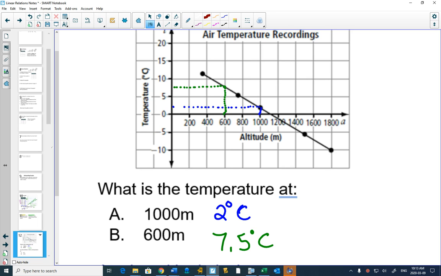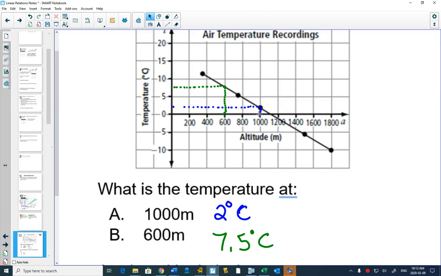If you wrote 7.5, you wrote 7, those are reasonable. If you wrote 13 degrees, you'd be like, no, that's not even close. You know that it has to be somewhere between 5 and 10. It looks like it's right in the middle. You should be able to get a good estimate of what's right in the middle between 5 and 10.